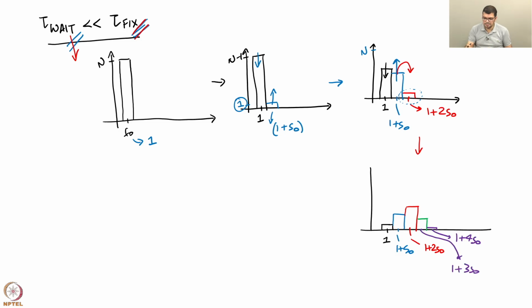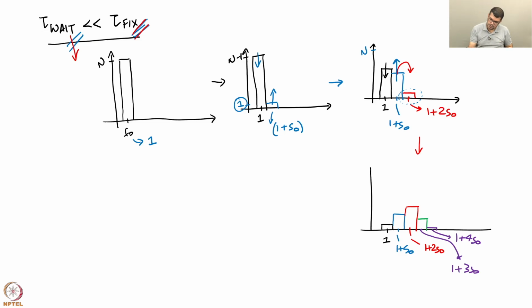In this representation, we have assumed that every beneficial mutation confers a benefit of s naught only. That is not strictly true, because every beneficial mutation will confer a benefit associated with its own selection coefficient. But for the sake of simplicity, we are saying that every beneficial mutation confers the same benefit.